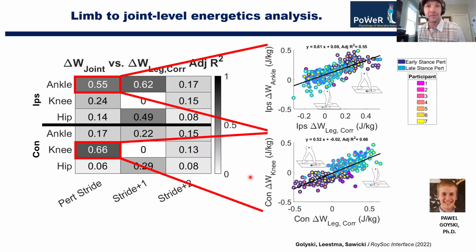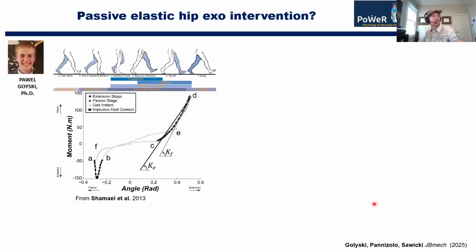Now, whether or not that's a generalizable fundamental truth or has to do with this specific perturbation, we're not sure. But it sets up a pretty nice framework where we kind of know how the joints are dealing with an energy change imposed on the body.